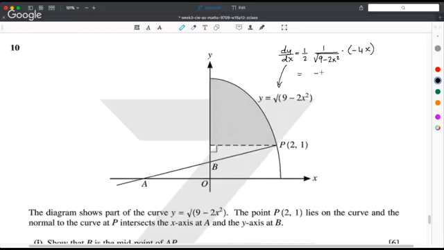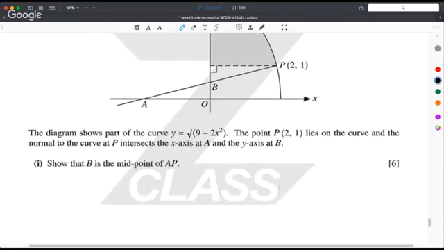So that's equal to minus 2x over the square root of 9 minus 2x squared. That's just some bookwork that'll be useful in a second.